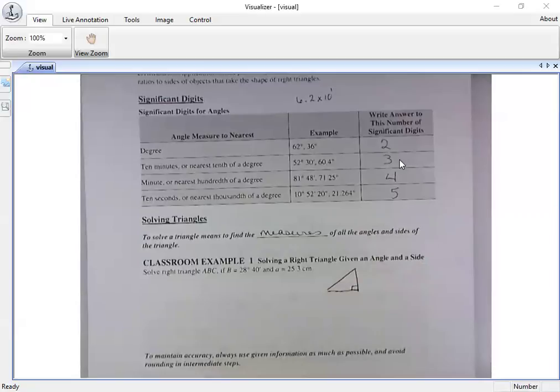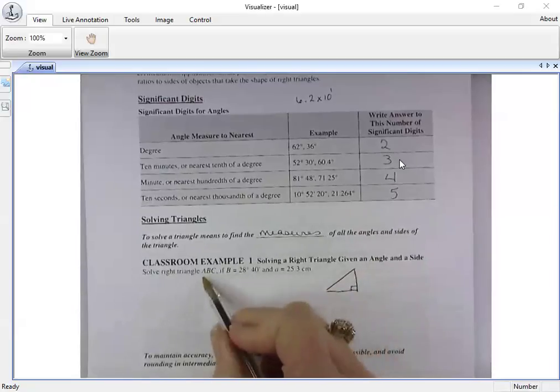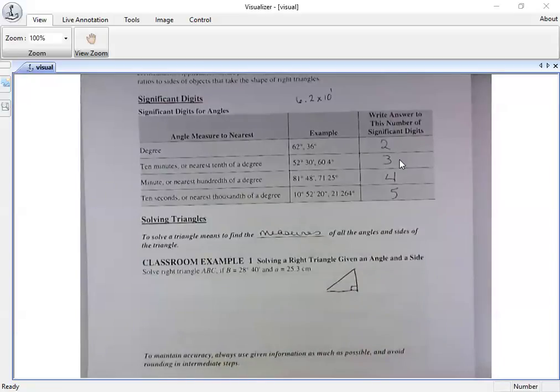The angles, because this says triangle ABC, so the capital letters represent angles, lowercase letters represent sides. So my angles are going to be angle A, angle B, angle C. What it tells me is that angle B is 28 degrees, 40 minutes, and side a is 25.3 centimeters.